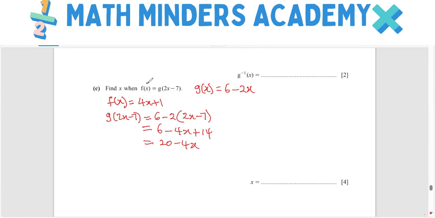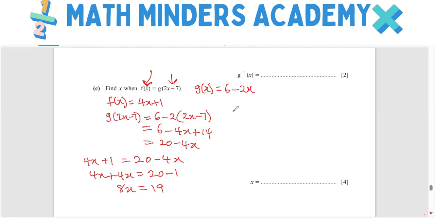So we now equate these two values, f of x and g of 2x minus 7. That means 4x plus 1 equals 20 minus 4x. When we collect like terms, 4x plus 4x equals 20 minus 1. 8x equals 19.